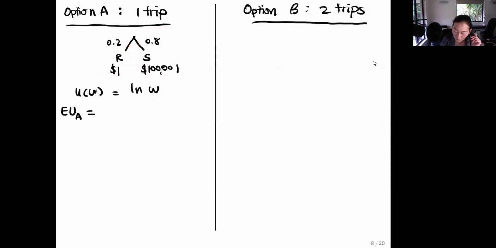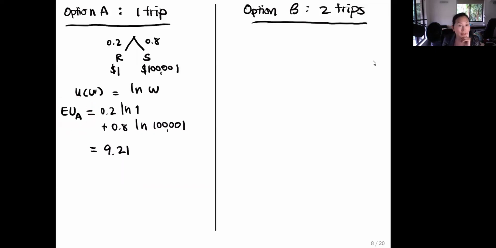So expected utility would be 0.2 times log of 1 plus 0.8 times log of 100,001, and that is equal to 9.21. So you get EUA.